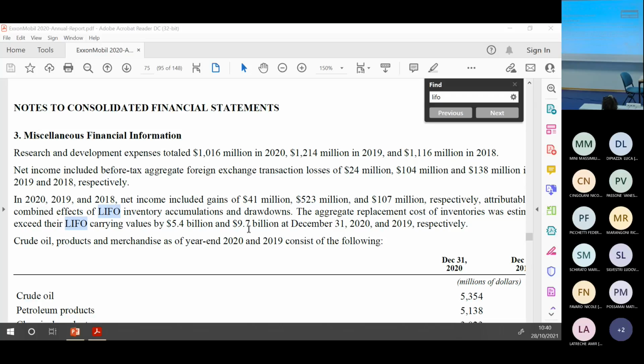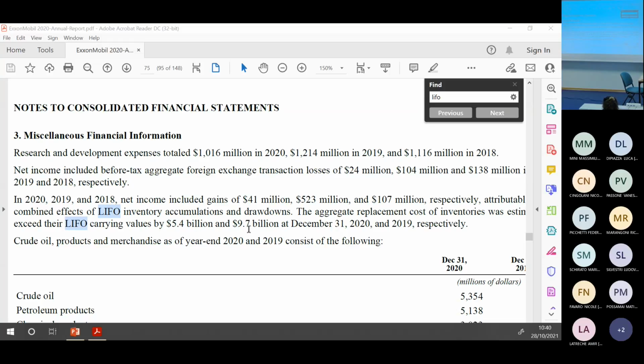So they are telling us that even at the current prices of oil on the market, the inventory we report is underestimated by 9.7 billion. Now, is that material? Is it a large amount or not? It will depend on how big the company is. We can have a look at the balance sheet and see whether 9 billion is going to make a difference. But this is the LIFO reserve.